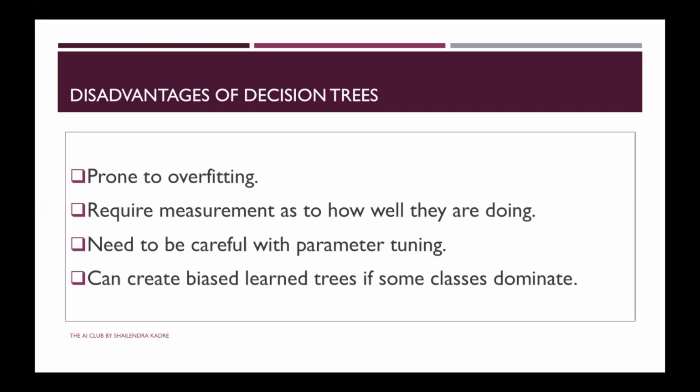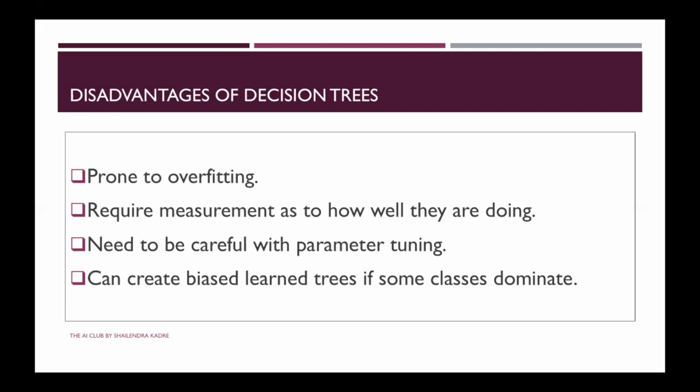Because of this process, it starts giving very good accuracy for the trained data. But when we feed some test data or some unseen data to the model, then it fails badly. The accuracy that we get is very bad. This is called overfitting, and decision trees are very much prone to overfitting.